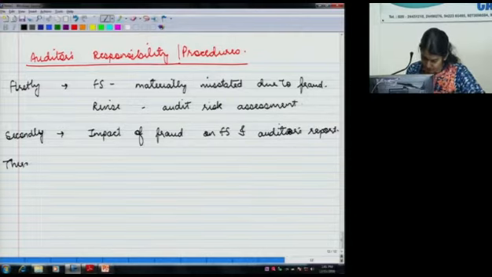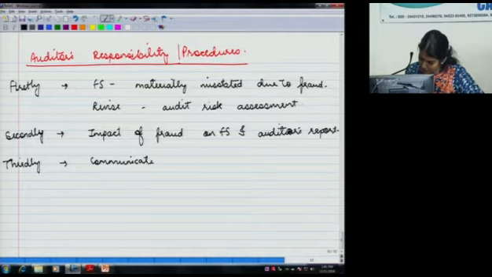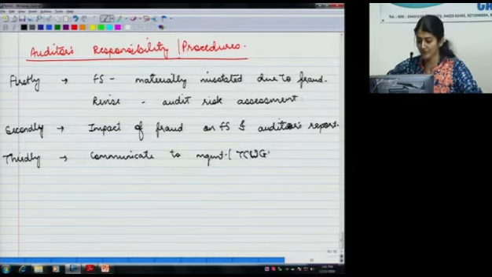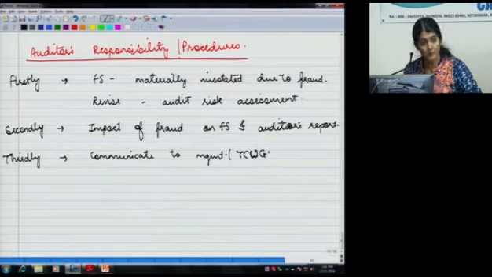Thirdly, when you come to know about any fraud in the organization, you will communicate to the management, to those charged with governance. And now 143(12), you'll also have to report it to the CG if the fraud is 1 crore or above.